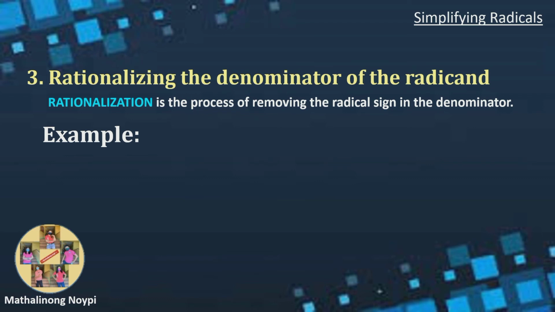The second example is 7 over 2 square root of 5x. So similar doon sa ating first example, mag-multiply tayo ng number na equal sa 1 so that the expression will not change the result. So ano ang ating i-multiply? So that is square root of 5x over square root of 5x.